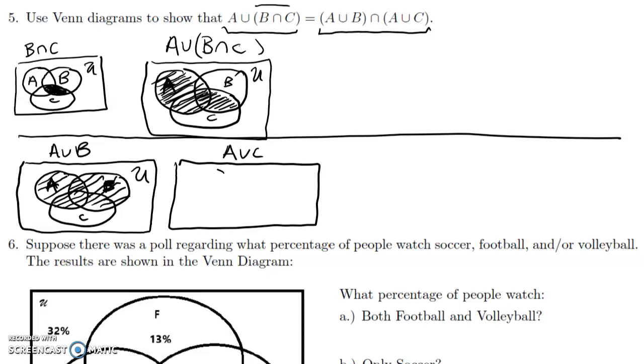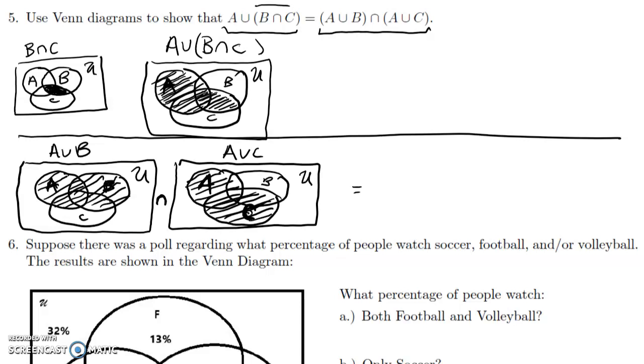Now we need the same thing for A union C. So again, we draw our circles. Now I need everything in A combined with everything that's in C. So all of A, anything in A or anything in C. So all of circle A and all of circle C are shaded in. Now what we're asked to find is the intersection of those two pictures.